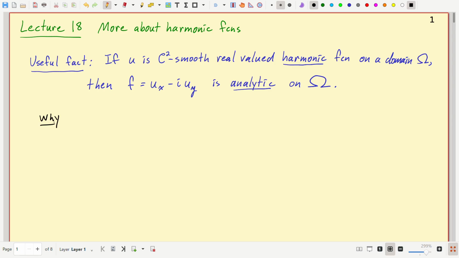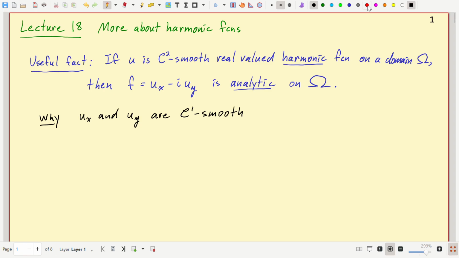Let's see. Du dx and du dy are, because u is C2 smooth, these are C1 smooth. Remember the Cauchy-Riemann equations, if you're going to use them to see that something's analytic, you need to know the real and imaginary parts are C1 smooth.